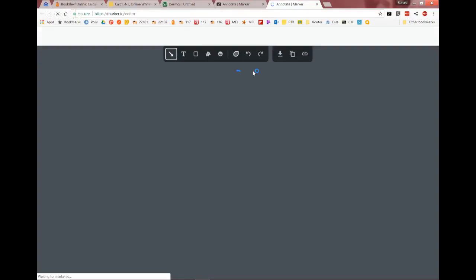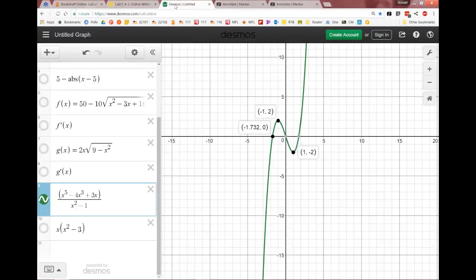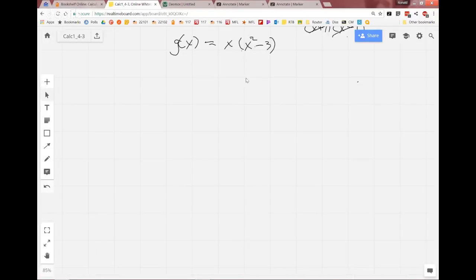It's not going to be much of a graph, but let's do it. Copy. Okay, come back over. I should put a number here. We know that was 73, but now we're doing number 75.